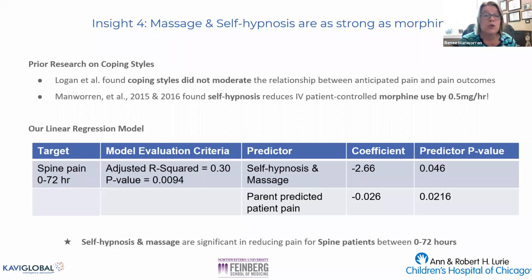We had previously shown with the NUSS patients that self-hypnosis alone was decreasing their morphine use by 0.5 milligrams an hour. 0.5 milligrams an hour is a huge amount of a difference. And where it's really important is the morphine or the opioids were being given by self-medicating.